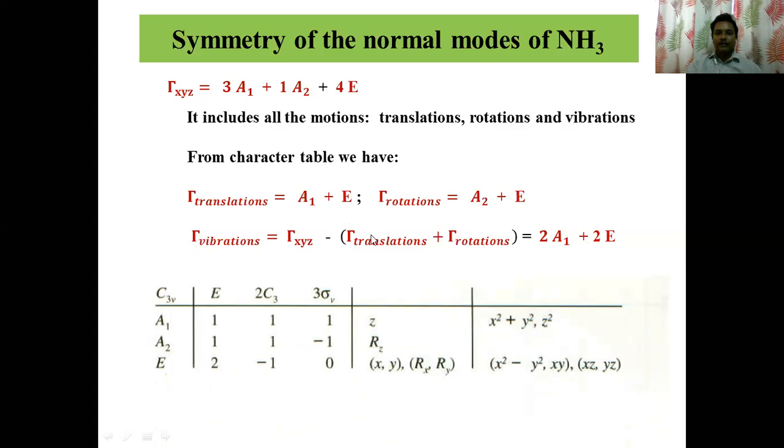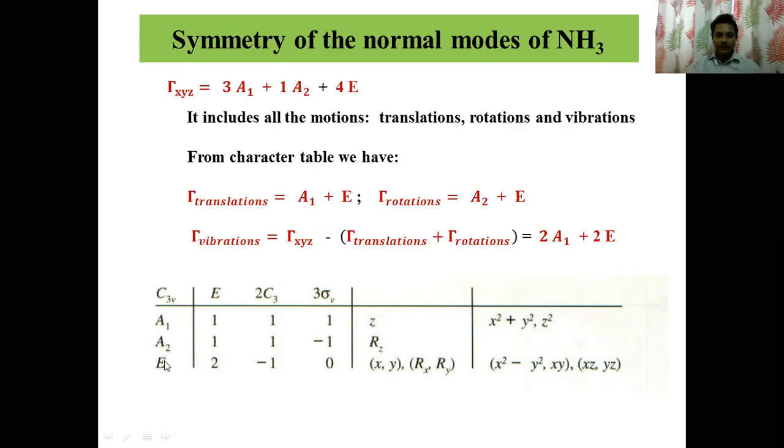In the character table, if we look at how the translations go, Z Cartesian coordinate goes along A1, right? Then X and Y, they are doubly degenerate. Within the parenthesis means they cannot transform independently, so they go simultaneously, right?